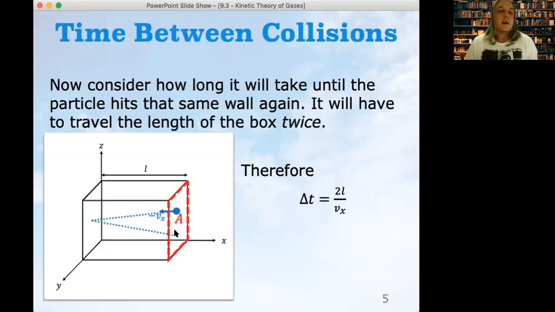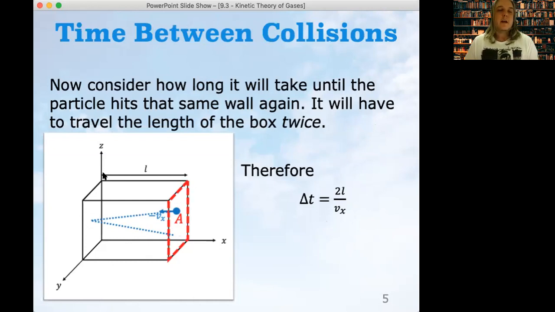And now think about how long it takes before it hits that wall again. So it hits this wall, it'll bounce off this wall, and then it'll hit this one again. Now we don't care about the collision on this end. I mean, it's relevant later on for the pressure, but at the moment we're only thinking about how quickly it will hit this one again, because this is the bit we're trying to calculate area for.